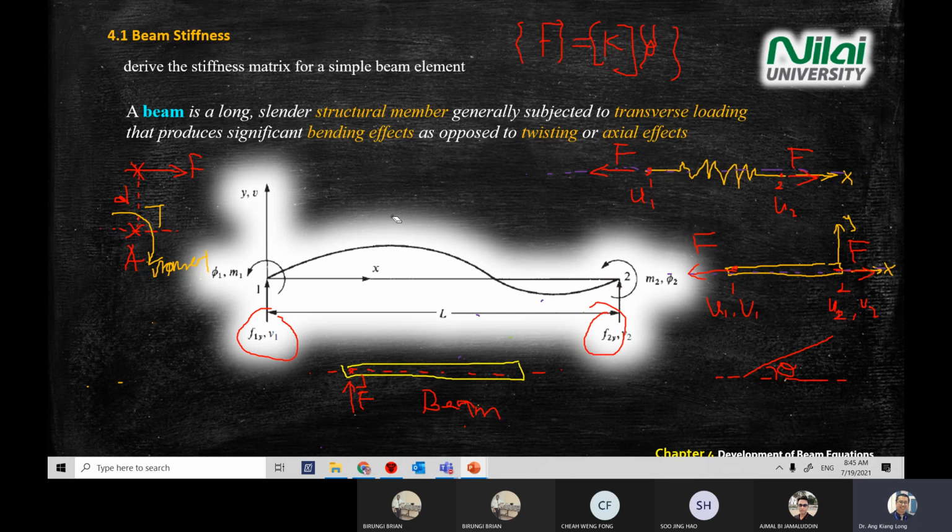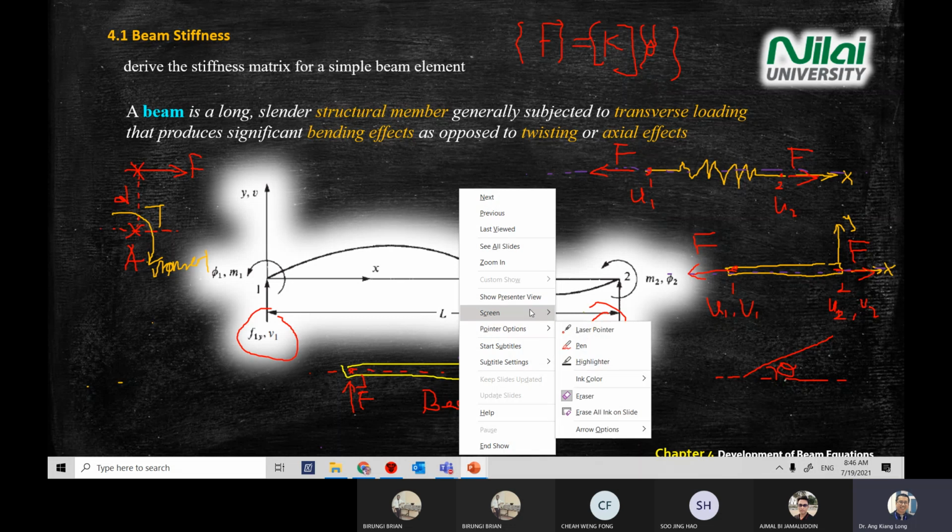Tia, are you able to understand if I explain in that way? You never see M1 and theta 1 or psi 1 in a spring and bar, right? In the previous tutorial question, do you see these two? No, right? Okay. So these are the differences between spring, bar, and beam.